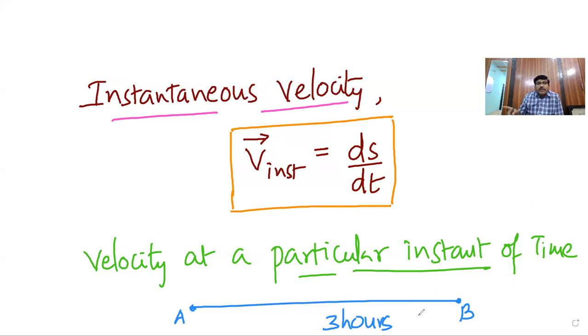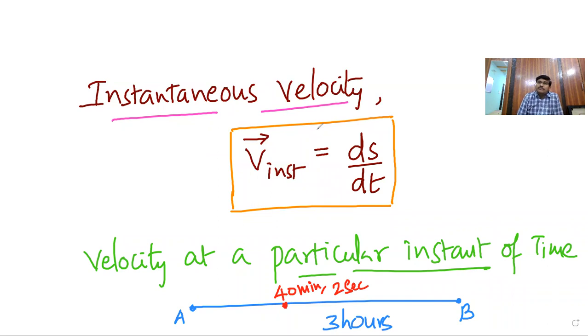Total time of travel from A to B is 3 hours. I require velocity at 40 minutes, 2 seconds. I'm locating the point. At that particular instant, 40 minutes, 2 seconds, that is known as instantaneous velocity.